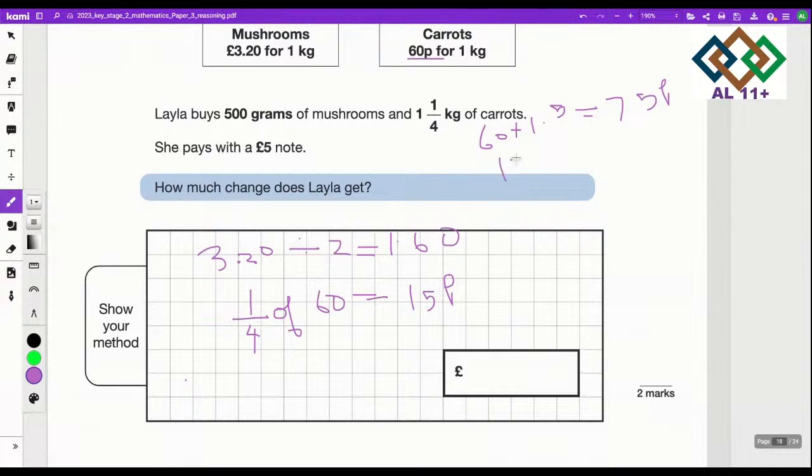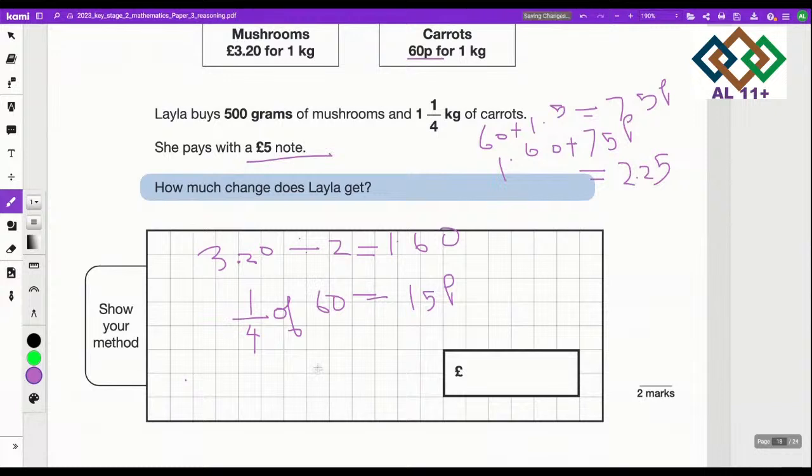So then you are adding 160 plus 75p. That gives you guys 225. But how much does she have? She has a £5 note.